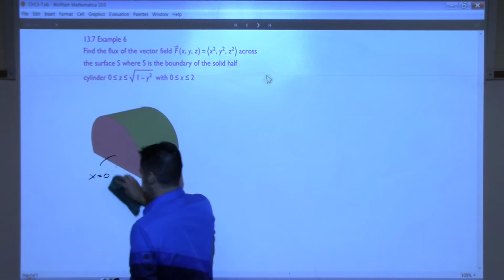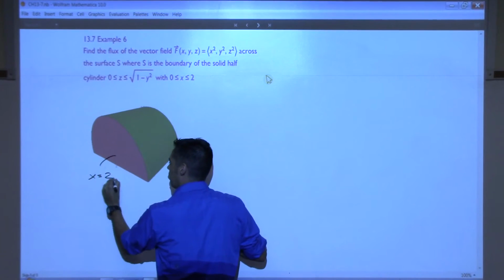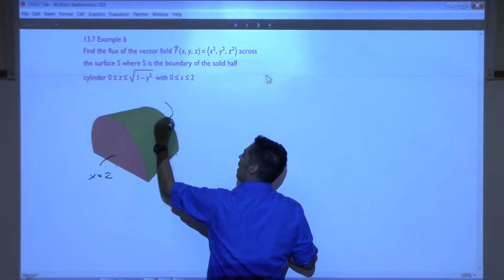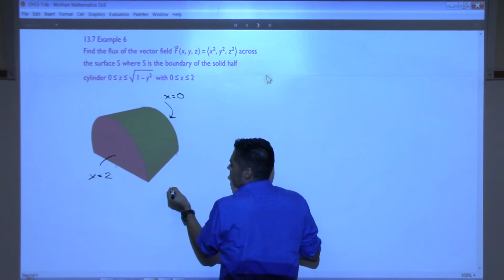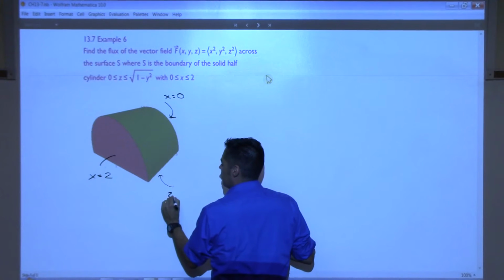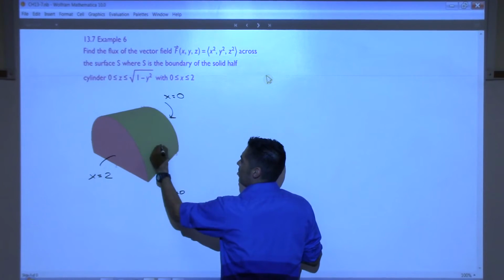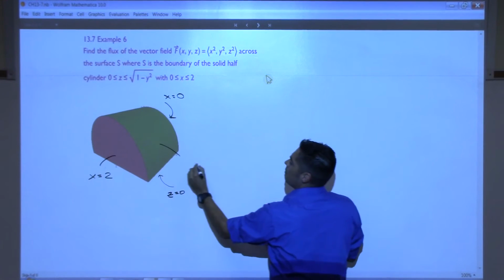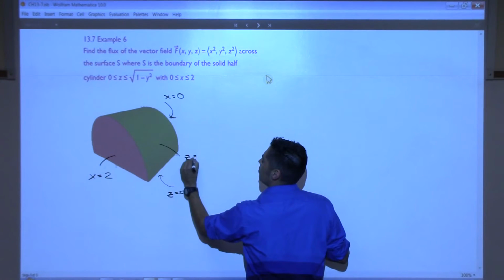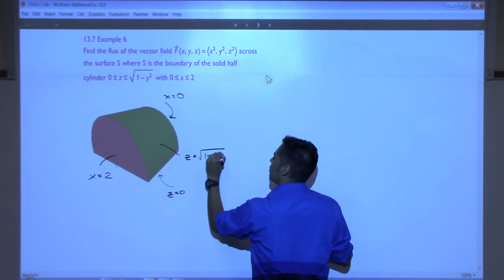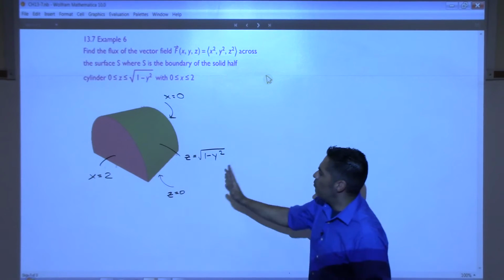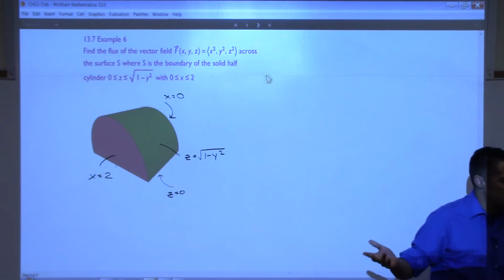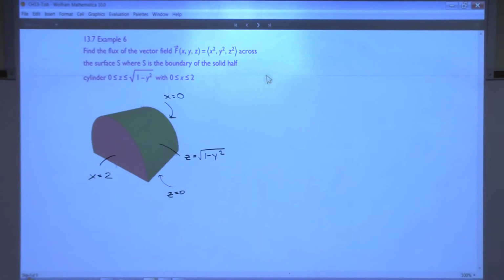This back side was x is 0. The bottom of this thing was z is 0. And then this came from z equals the square root of 1 minus y squared, where y was between -1 and 1. So you can go back and look. We talked about this last time.